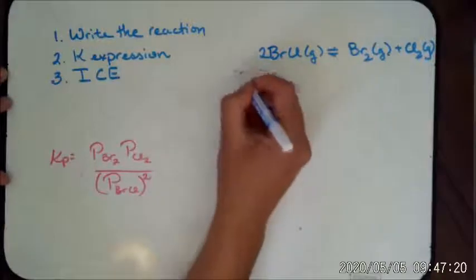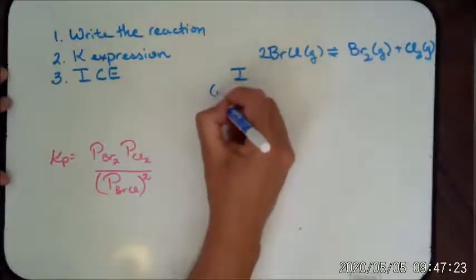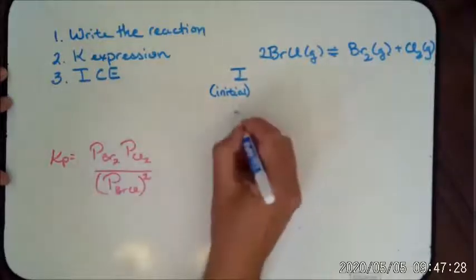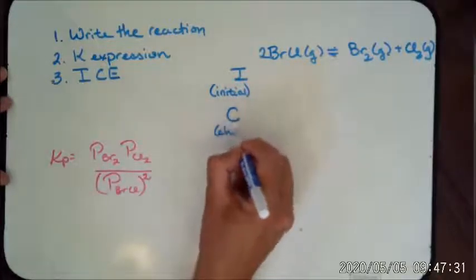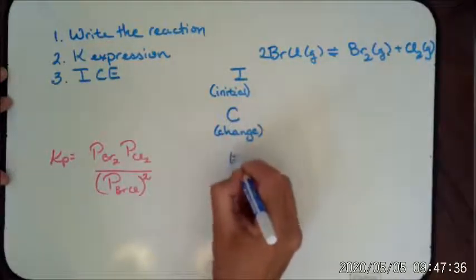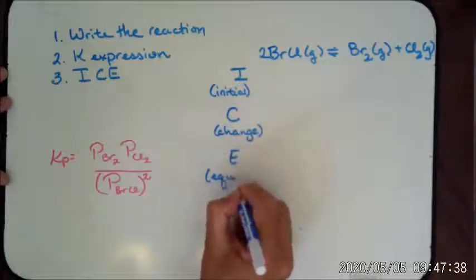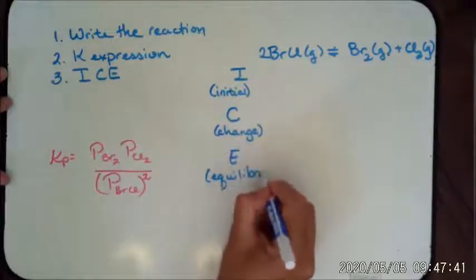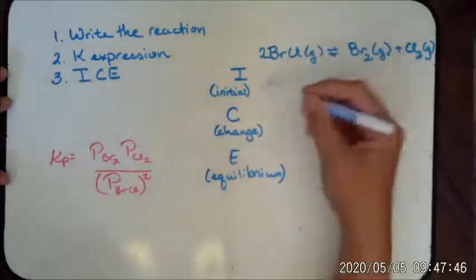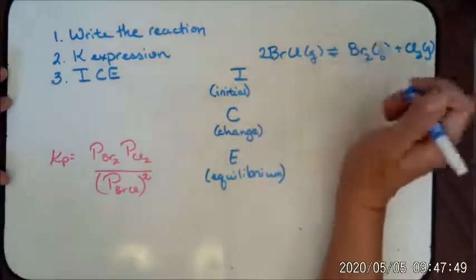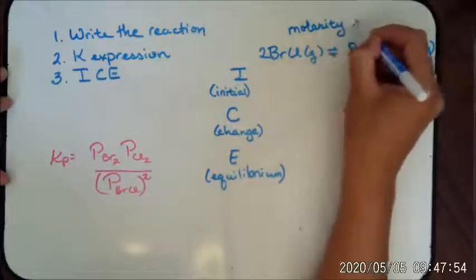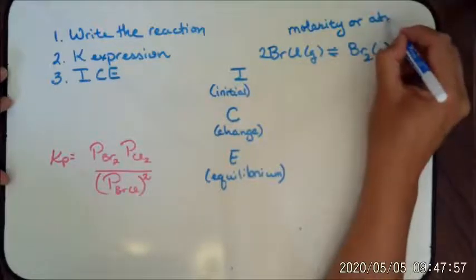So what does I stand for? I stands for your initial conditions. C stands for the change as the reaction proceeds. And E stands for your equilibrium values. And just remember, when you do an ICE table, your units must always be in molarity or atmospheres.